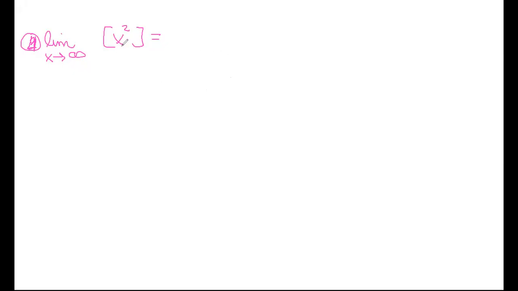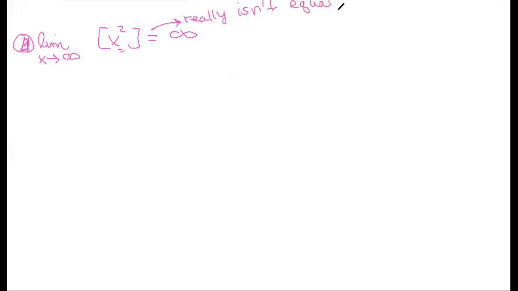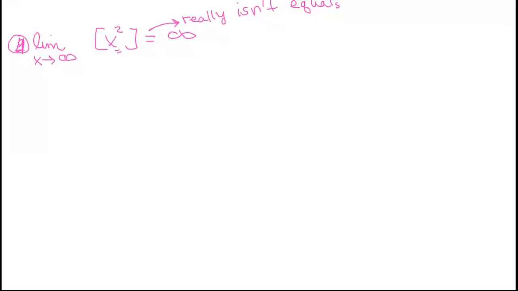It's almost as if there's a direct relationship, which there is, in the positive infinity direction, which would make it more and more infinity. So you'd have infinity as your answer. And I say equals infinity here, but it really isn't equals. It's just notation. But for notation purposes, this is what we use.